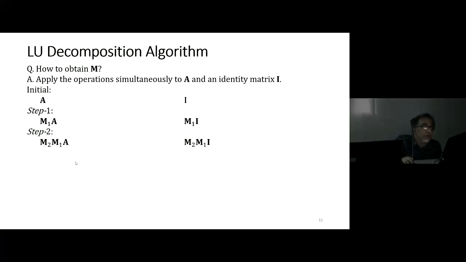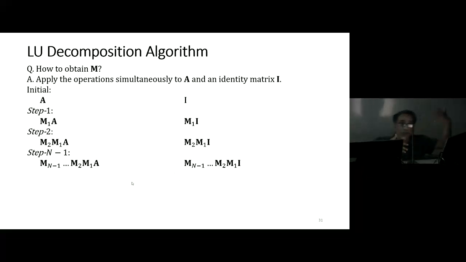Step 2, it's equivalent to pre-multiplication with M2. So I take this M1 I here, the transformed identity matrix, and then pre-multiply with M2. I do the same set of row operations that I did on A. I carry out those operations over this M1 I, so I get M2 M1 I. And then all operations that I do on A, I'll also do on the identity matrix.